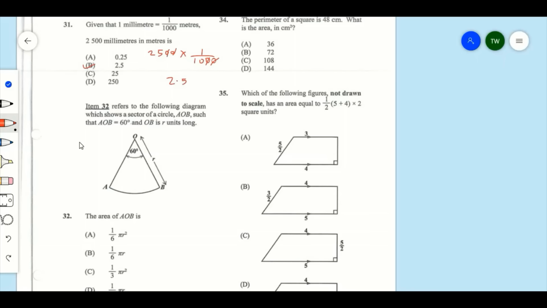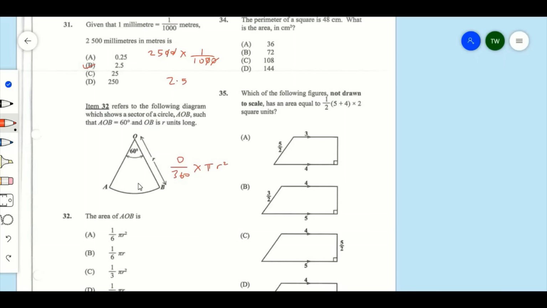Item 32 refers to the following diagram, which shows a sector of circle AOB such that angle AOB equals 60 degrees and OB is r units long. 32. The area of AOB is, now the formula to calculate the area of a sector is going to be theta over 360 degrees times pi r squared. Right?